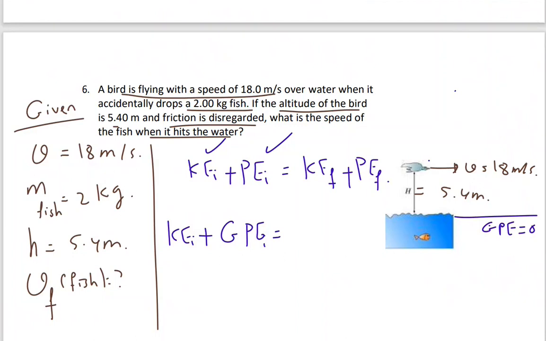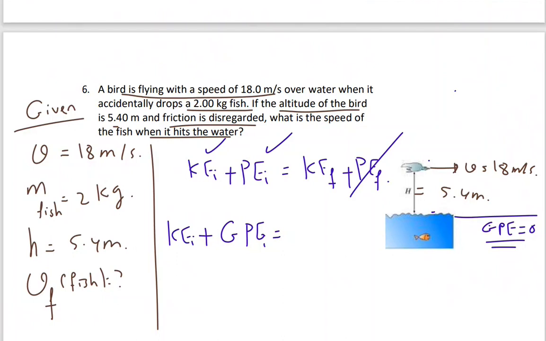Now, when the bird drops the fish here, I don't have gravitational potential energy, so gravitational potential energy is 0 at the surface. But the fish is moving, and when gravitational potential energy is 0, I have maximum kinetic energy.